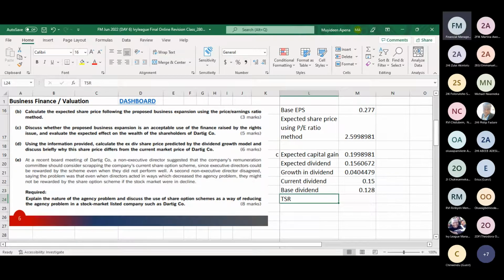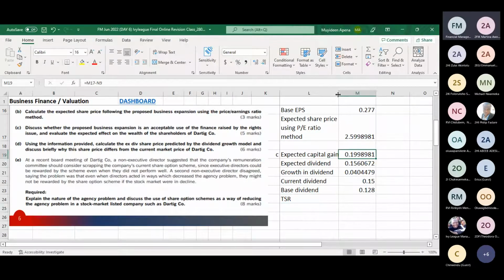Before we can comment on whether there's value in what they are proposing or not, we're going to use the share price before and after the expansion, right? We already got the capital gain.